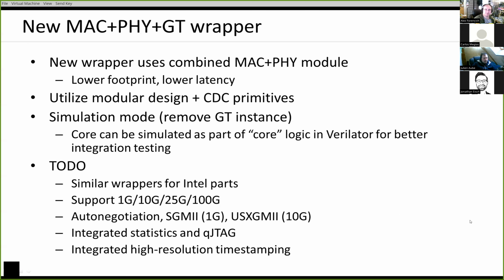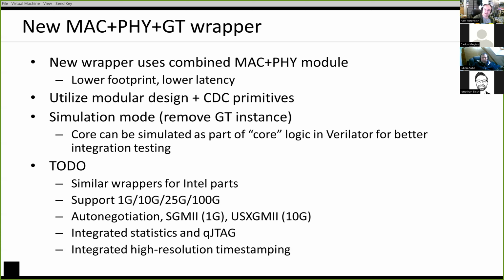All right, moving on to the new MAC/PHY GT wrapper. Basically, the idea is to build something that's similar to what I have in Corundum, which has not only the GT core and the PHY core, but also a bunch of additional supporting logic and control registers and things like that. So the new wrapper that I've put together actually uses the combined MAC and PHY logic.